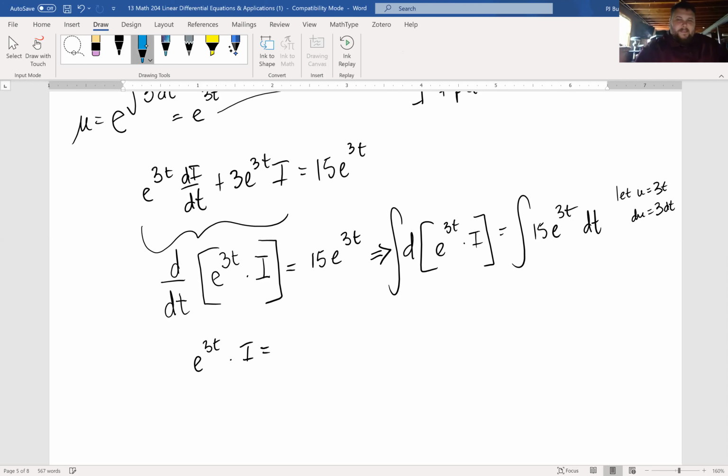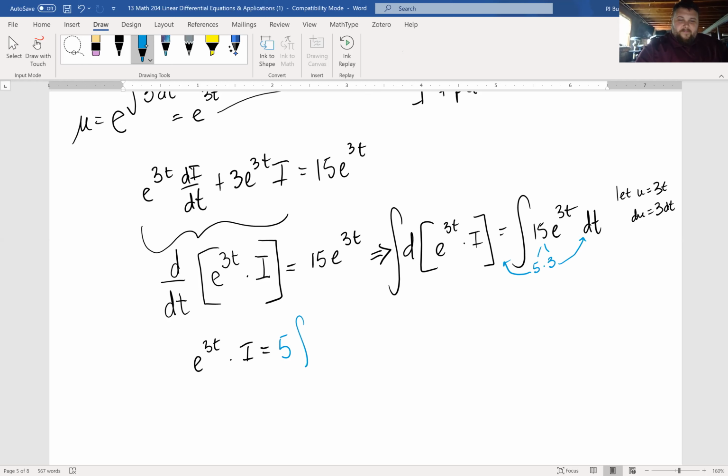Which means I need a 3 inside, and I would divide by a 3 on the outside. Or in this case, I'm going to break 15 into 5 times 3. And I'll leave the 3 inside, pull the 5 outside. And that'll take care of my problem. Either way that you prefer to do it works.